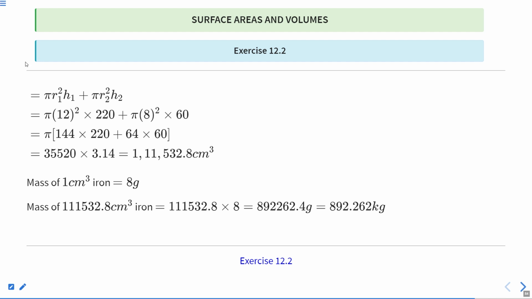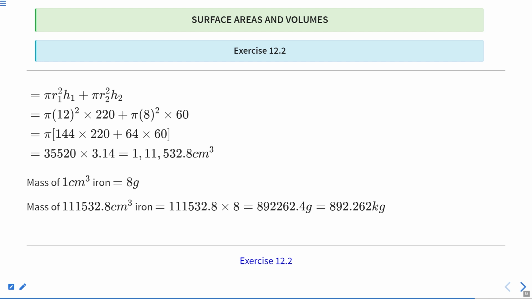Now if we calculate this, first of all we can take out pi common, and we get pi times 144 times 220 plus 64 times 60, and this is equal to 35520 times 3.14.